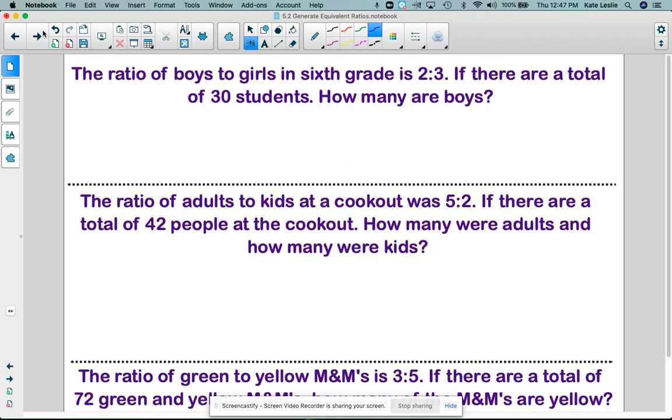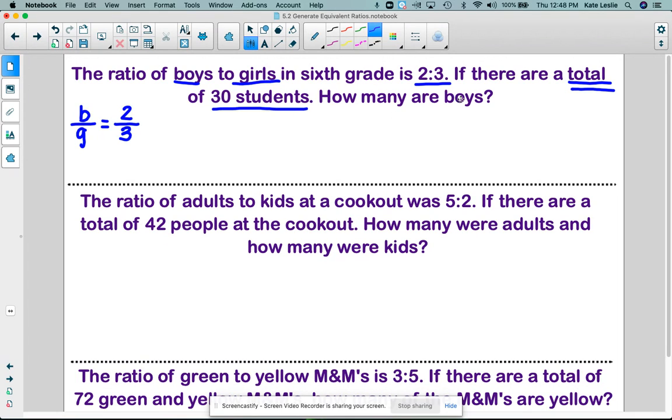Okay, this one, the ratio of boys to girls in 6th grade is 2 to 3. So I know I'm comparing boys to girls, and they tell us the ratio is 2 to 3. The next part is interesting because it says if there are a total of 30 students, how many are boys?